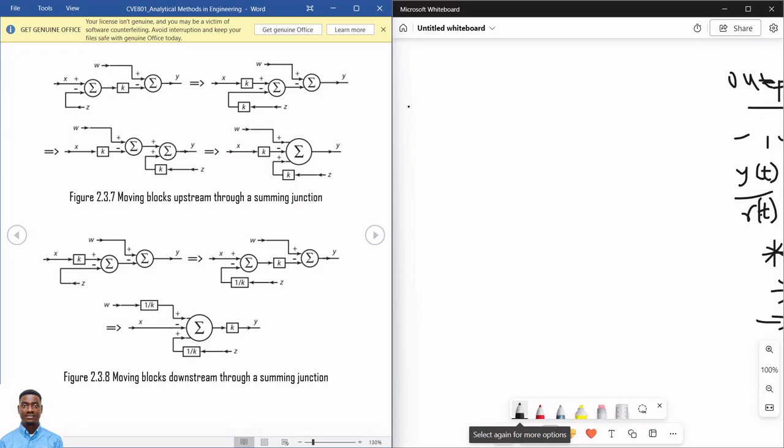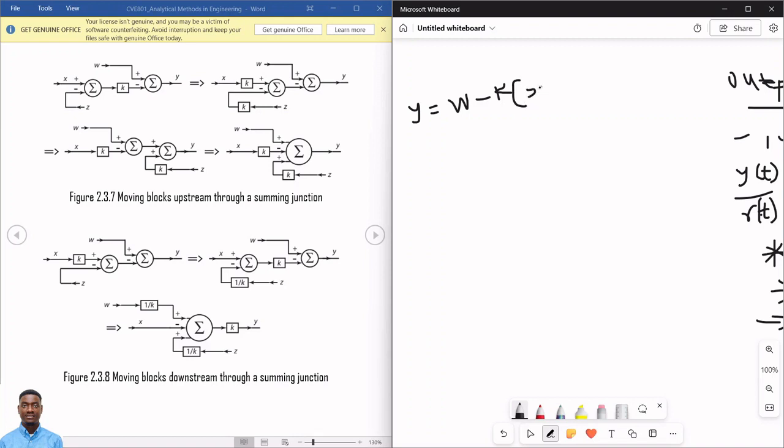So that will be y equals w minus k into x minus z. This is the mathematical model of this block.